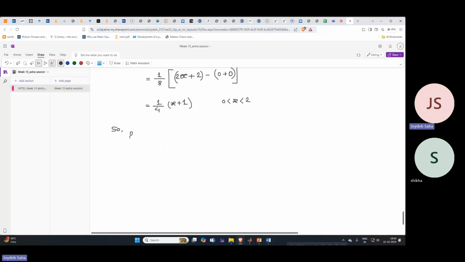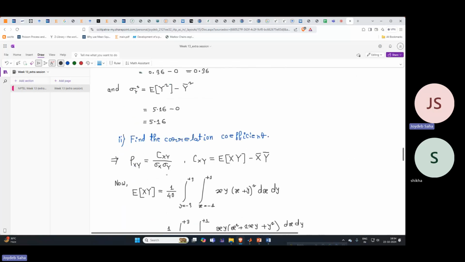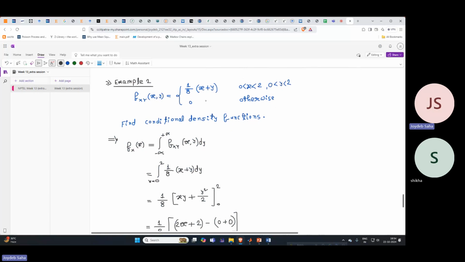So conditional density f of y upon x will be f of xy x comma y upon f of x, which is equal to, value is given, it is 1 upon 8 (x plus y).